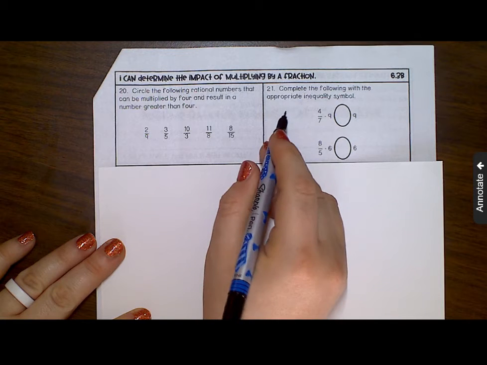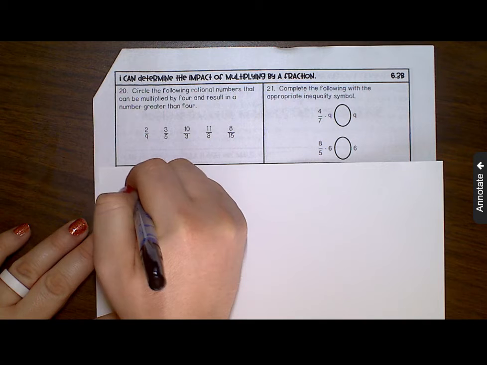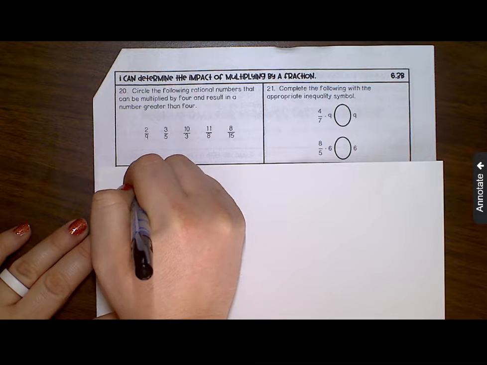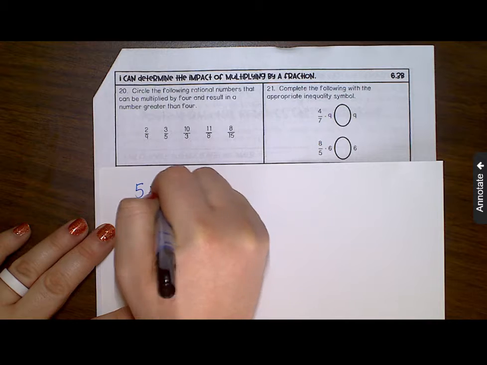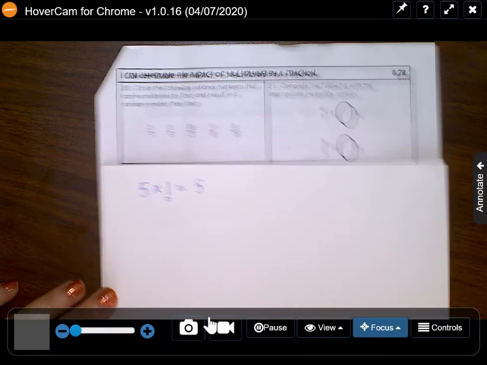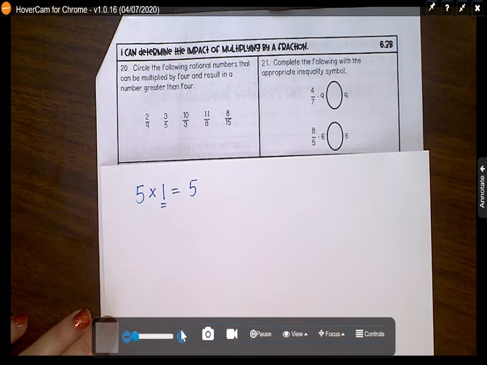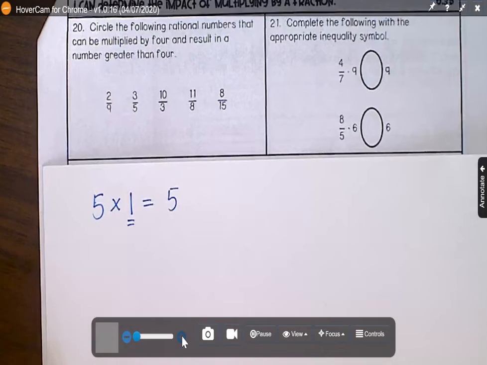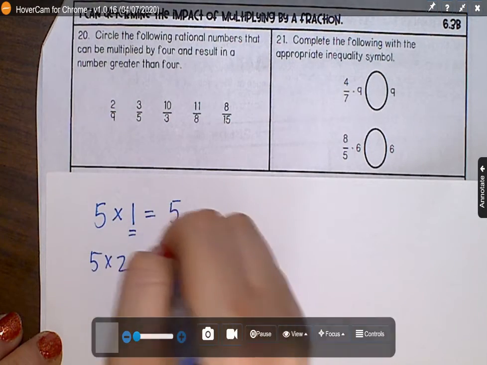So, multiplying by a fraction. In elementary school, we're taught that it doesn't matter what we have. If I have 5 and I multiply by 1, I'm going to get 5, right? And then we're also taught that if we multiply by something like this, then it gets larger.